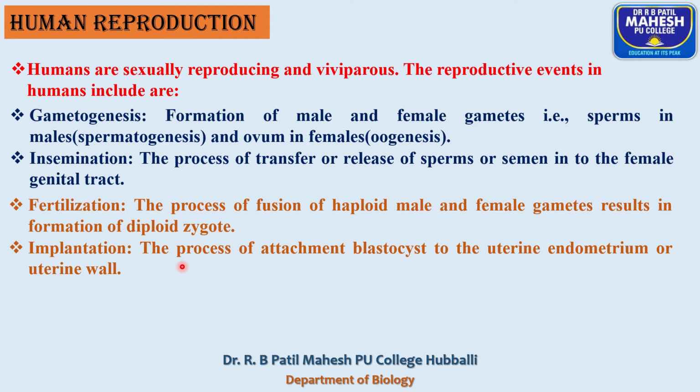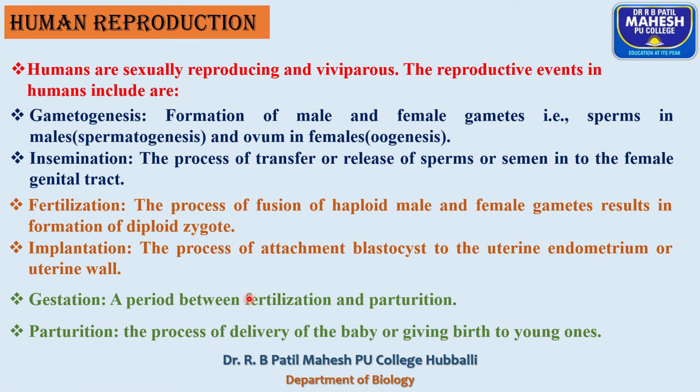So the fourth reproductive event in human reproduction is implantation. The process of attachment of the blastula or blastocyst to the uterine endometrium or uterine wall is called implantation. Then we'll move on to the next reproductive event, gestation.